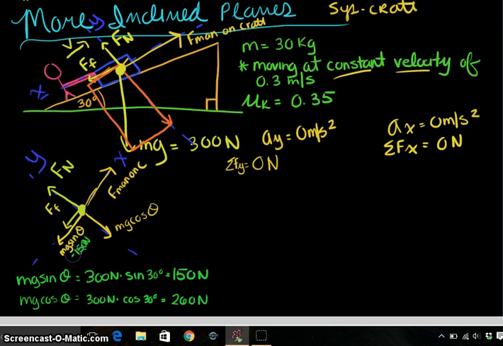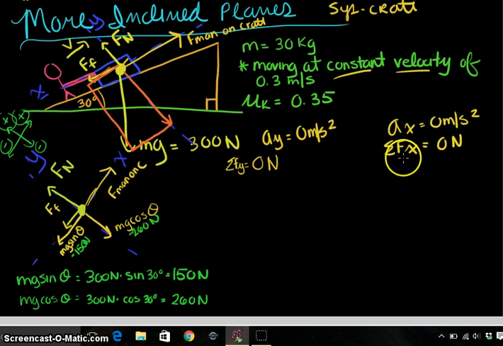And I'm going to make that a negative 150 newtons because using this as my y and this as my x-axis, I'm going to make that side positive, negative, and this negative and positive. So this will be a negative 150. And then my 260 newtons for my mg cosine theta is also going to be a negative 260 newtons.